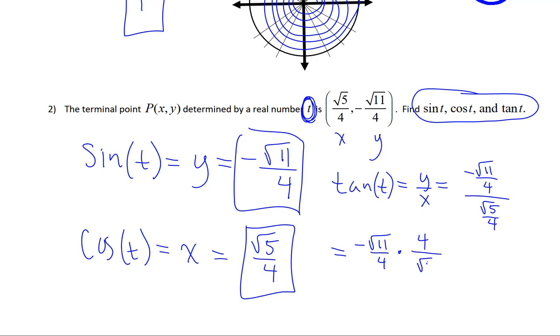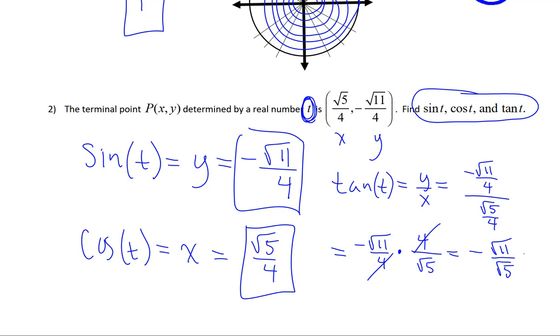So now it's 4 over the square root of 5. And in doing it this way, if we're multiplying fractions, remember we could reduce by canceling matching values in the opposite levels. So like these 4's cancel on the top and the bottom, which leaves us with negative square root of 11 over the square root of 5.